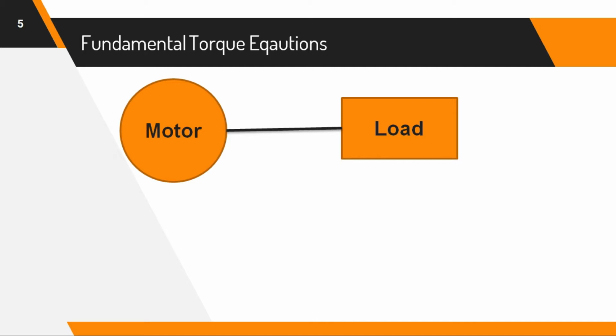But if the load is connected through some transmission system, means through gear or belt or pulley, then the load speed may be different from that of the motor.